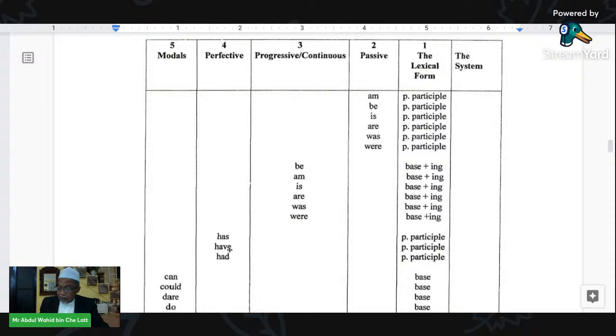Put your ruler under the word has in column 4. So we have has plus the past participle. Therefore, my neighbor has bought a new house.